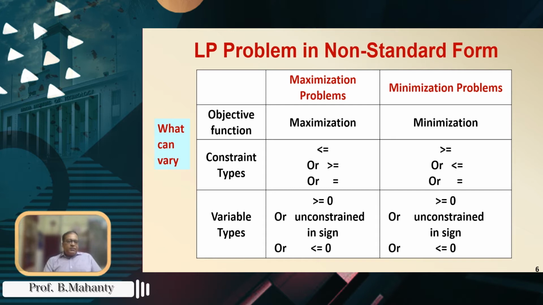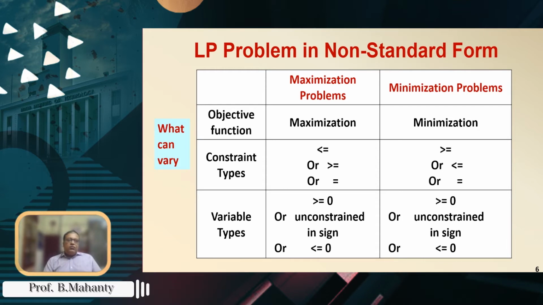Similarly, the variable types also can be three types: greater than or equal to 0, less than or equal to 0, and unconstrained in sign. What is unconstrained in sign? It actually means that the variable can be any value from minus infinity to plus infinity.